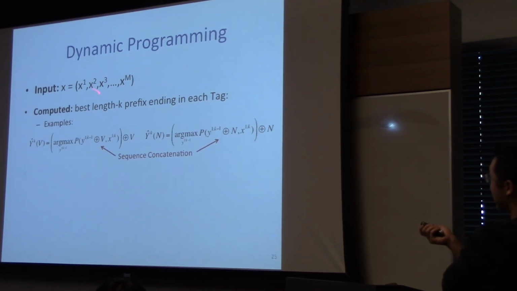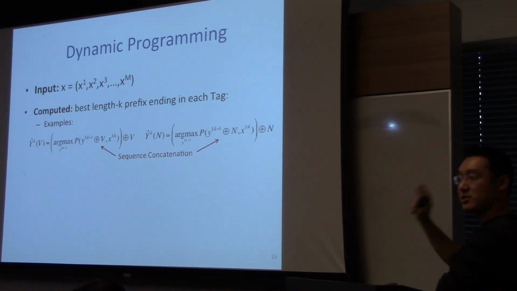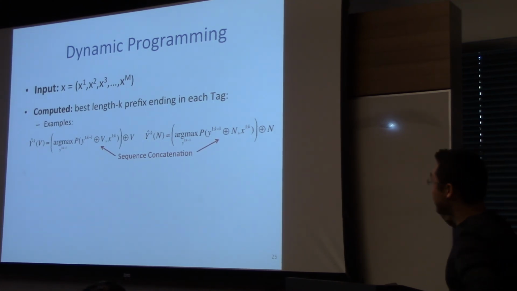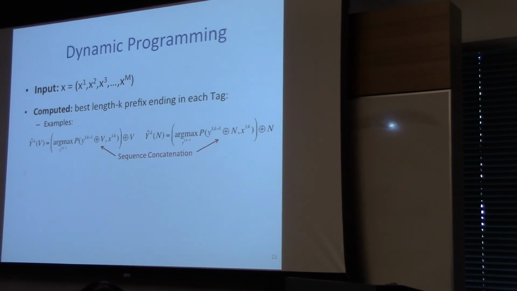We're given an input sequence X, and let's say we're in the middle of computing the optimal solution. Let's assume that we've computed the best length k prefix ending in each tag, where k is some number between 1 and m.